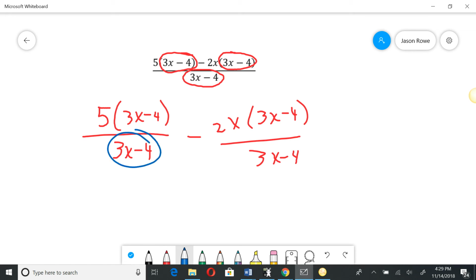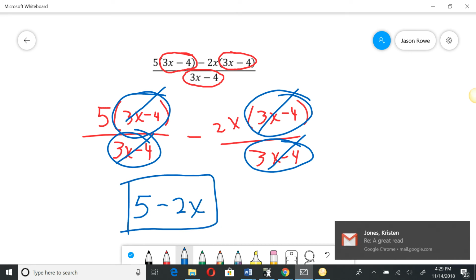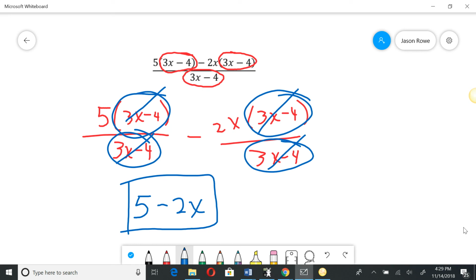This whole thing cancels this thing. So those cancel. This thing cancels this thing. So what's left? 5 minus 2x. And folks, that is a done deal. So like I said, this one's probably one of the easiest ones to do.